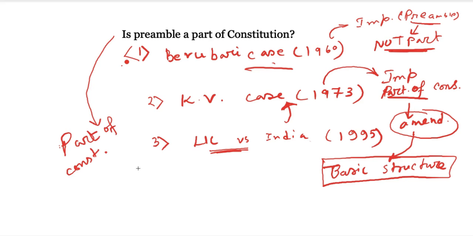Also, when the Constituent Assembly passed the constitution, at the end they passed the preamble, so that the preamble is not in friction with any part of the constitution. The preamble was put to vote in the Constituent Assembly, and the motion was whether or not the preamble is a part of the constitution.